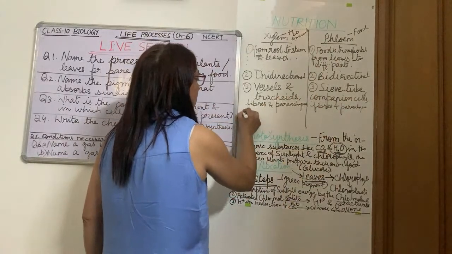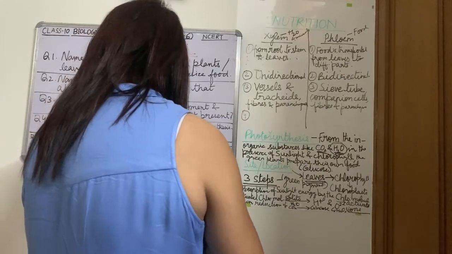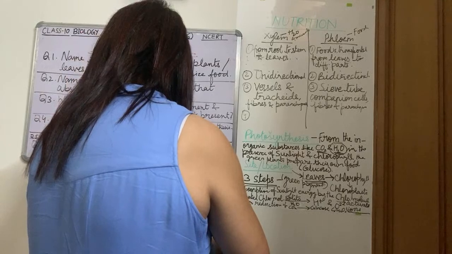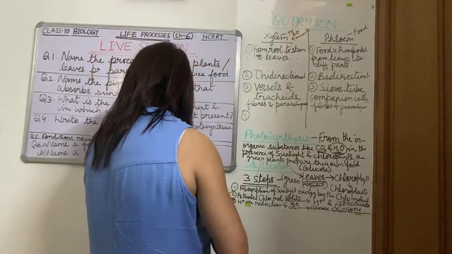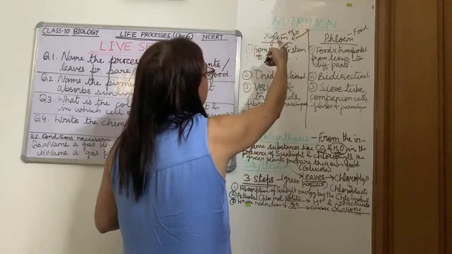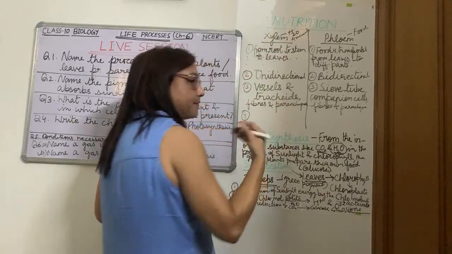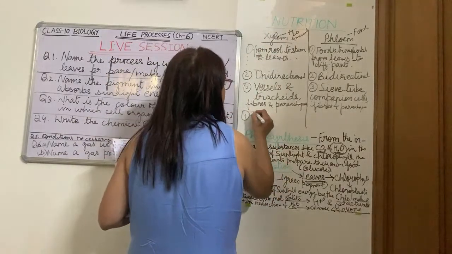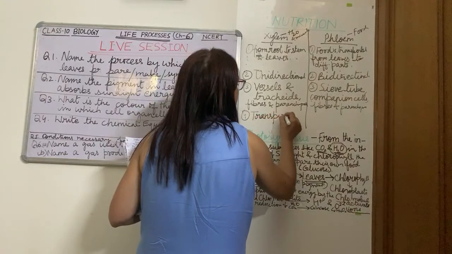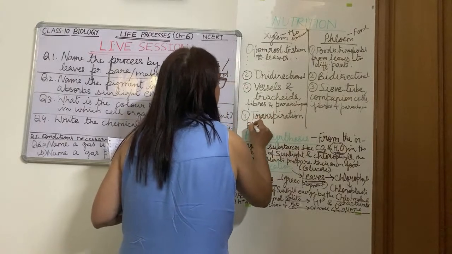Then fourth is that the transport of water in the xylem is facilitated by transpiration. Transpiration pull, you can say.